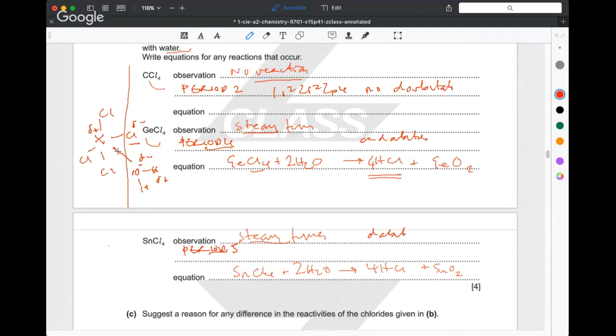That water molecule is going to be attracted in to attack the central atom of these group 14 chlorides. And so that is nucleophilic attack.